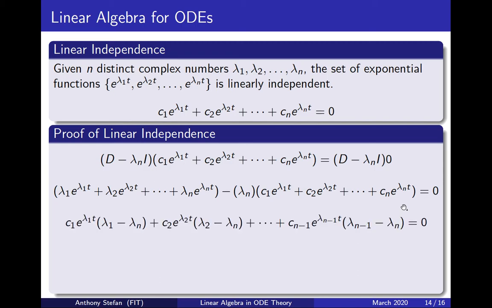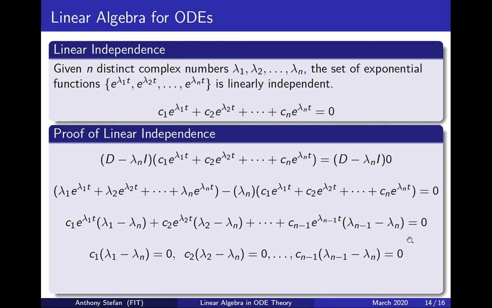Now we can pull out a C1 e^(lambda 1 t), so all we're left with is lambda 1 minus lambda n. And we do that for every single term, all the way to Cn minus 1 e^(lambda n minus 1 t).